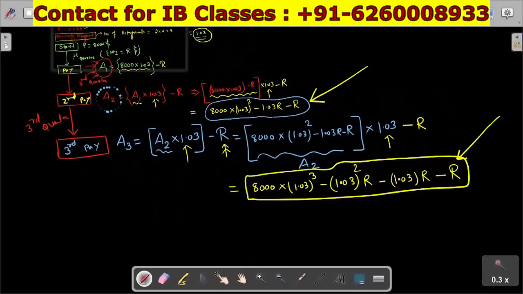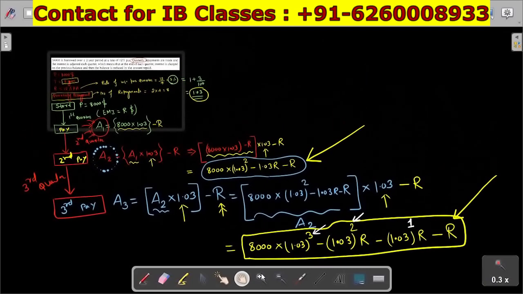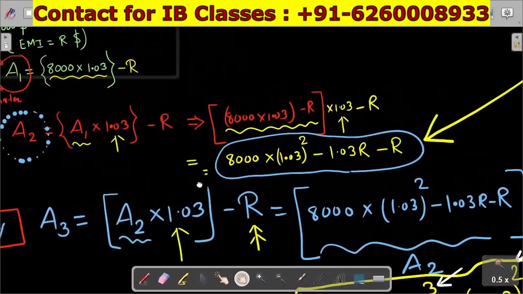Yes, when you observe, there is a pattern going on: 3, then 2 power, then 1 power, and last minus R.